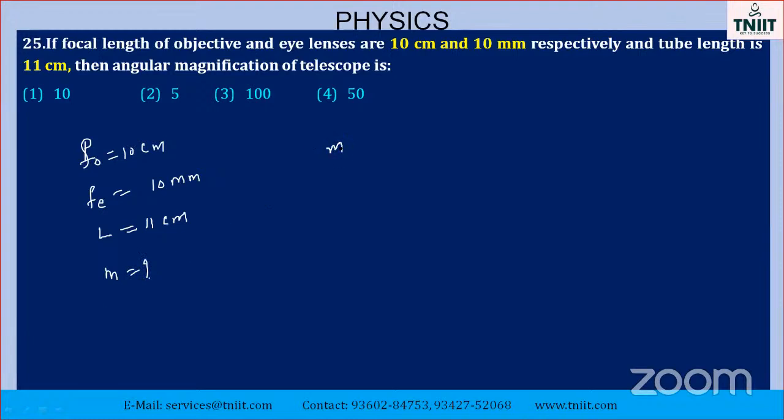Direct formula, magnification of the telescope is nothing but f naught by fe. What is the focal length of the objective lens? 10 centimeter. What about the focal length of the eyepiece? 10 millimeter means 1 centimeter. So 10 by 1 will be 10. So magnification will be 10.